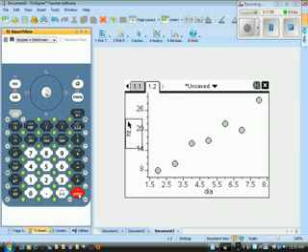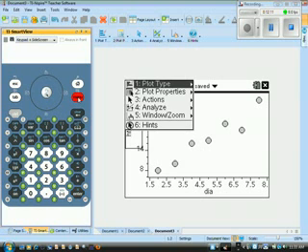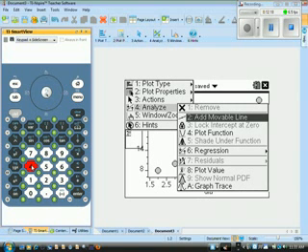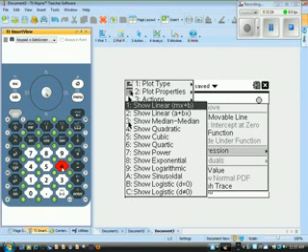Now, if you wanted to get your line of best fit, you can do it on this screen as well. The only thing, it won't give you the R value. So just take a guess. How do you think I'll get the line of best fit? What did we do just a minute ago? Menu. Where do you think? Analyze. Now where? Regression, number 6. And which one?